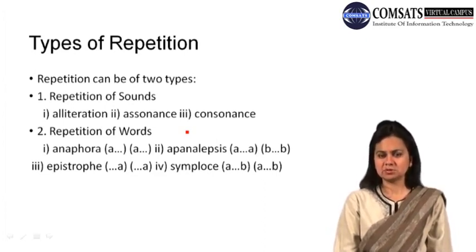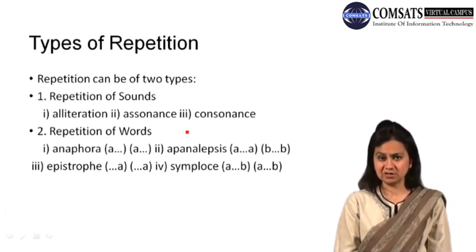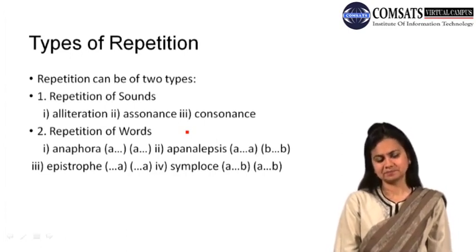Then we also looked at epistrophe, that is the repetition of only the ending part or line or word. Then symploce is repetition which would keep on going in consecutive lines where the beginning and the ending would be the same, that of consecutive and closely connected lines.